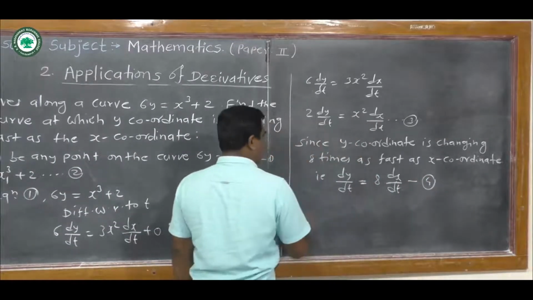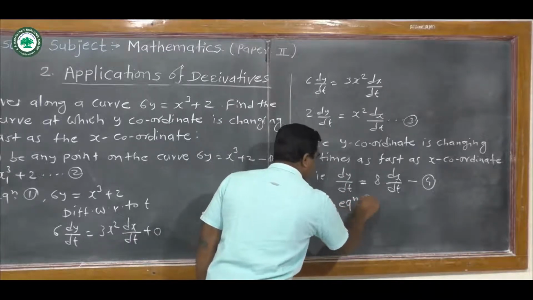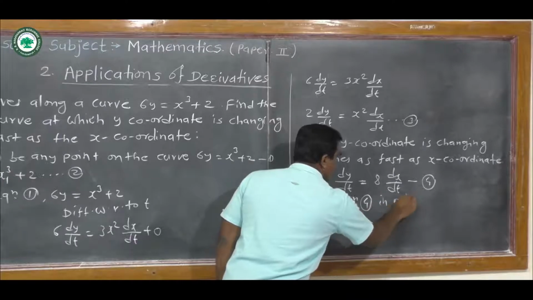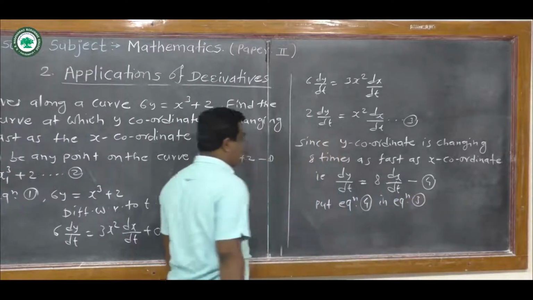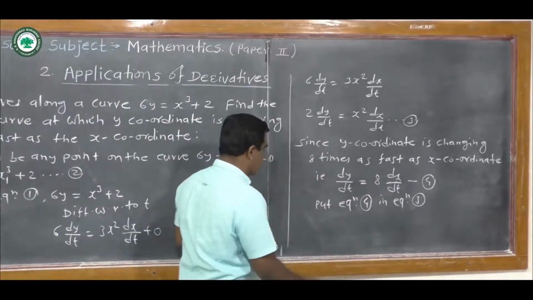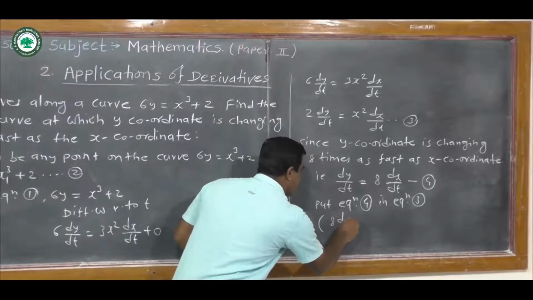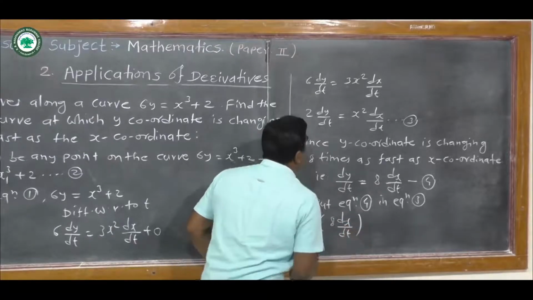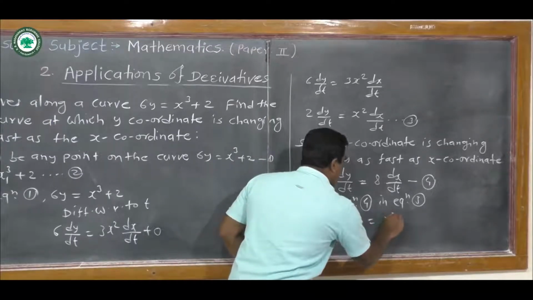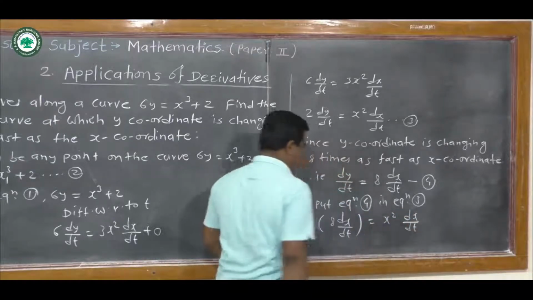Put equation 4 in equation 3rd. That is, the value of dy by dt is 8 into dx by dt. We can write here 2 into 8 into dx by dt equal to x square into dx by dt.